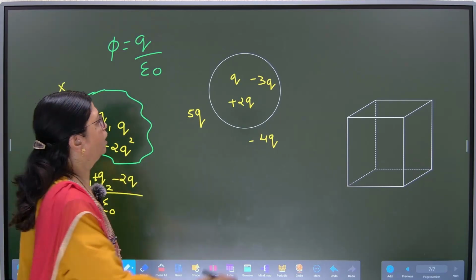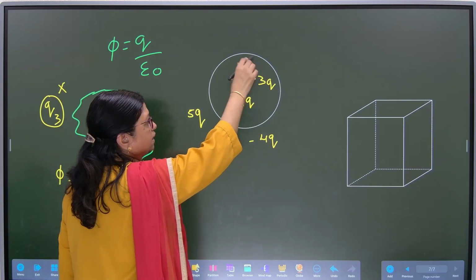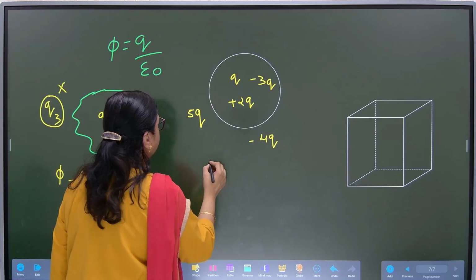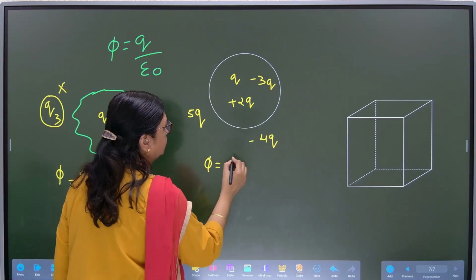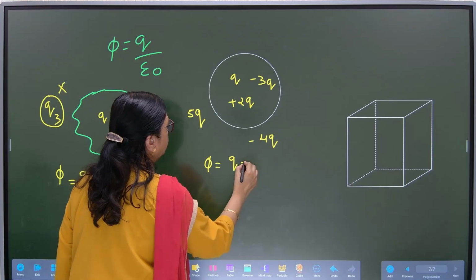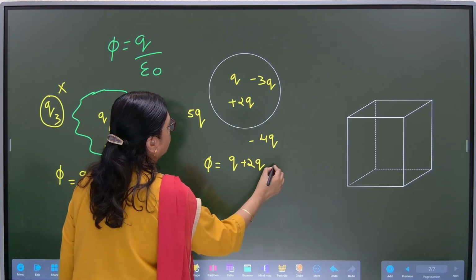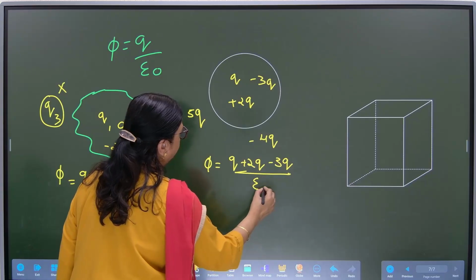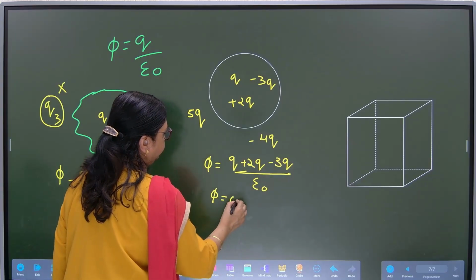No. I have to consider as net charge only the charges within the Gaussian surface. So what is my answer here for the flux? Phi is equal to q plus 2q minus 3q upon epsilon naught. So it can be 0.